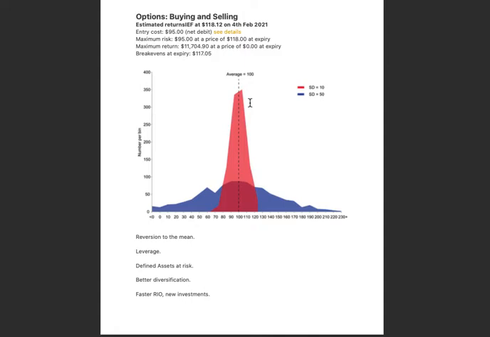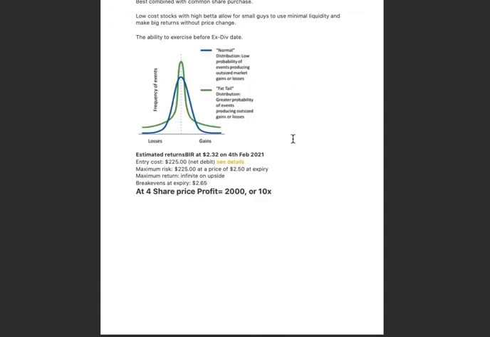And the thing that options also allow you to do is define the exact amount of capital that you're going to put at risk. So let's do an example with the estimated returns on some calls. That's taking a long position on a stock called Birchcliff, which is right now trading at $2.32.